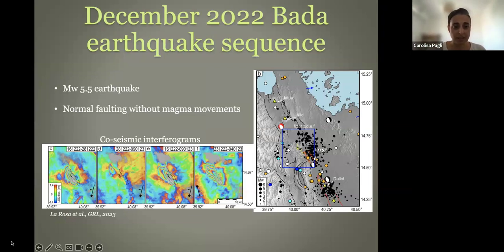And this is the interferogram that we constructed. But then just a few days later, further north of the main fault plane, another fault slip, west dipping this time. So the combination of the first and the second event have created a conjugate set of normal faults that define sort of a small graben.